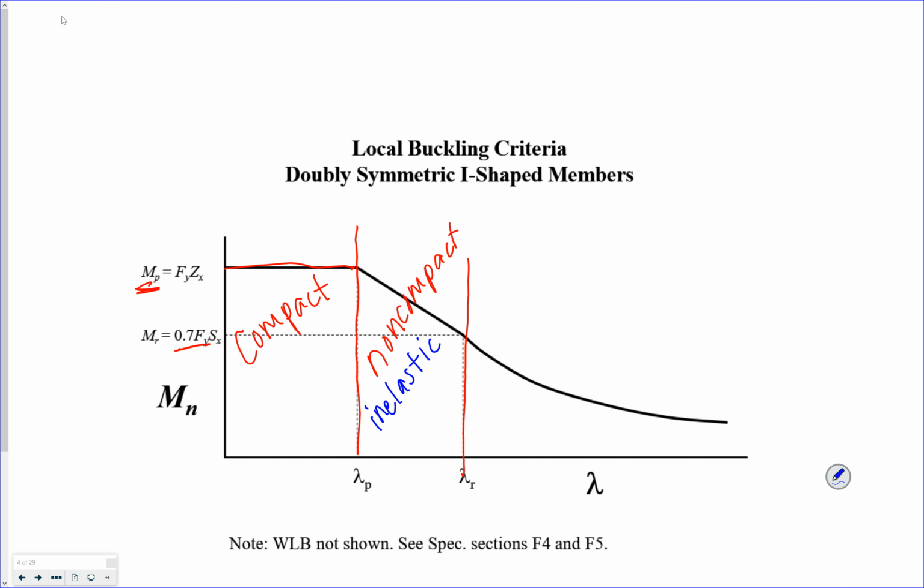It means part of the cross section has yielded, but not all of it, is what inelastic means.